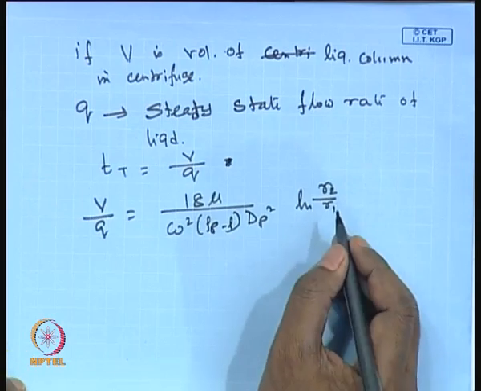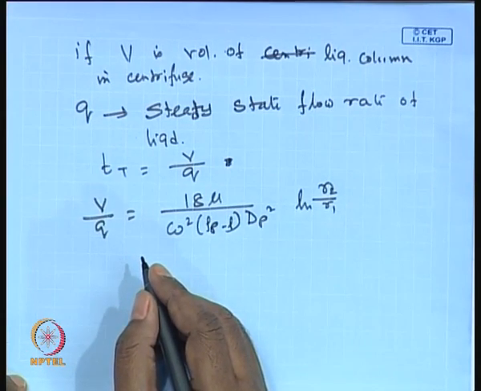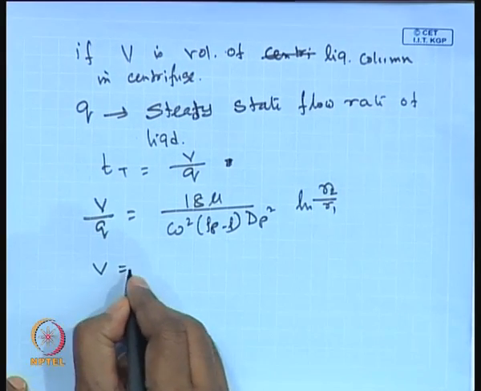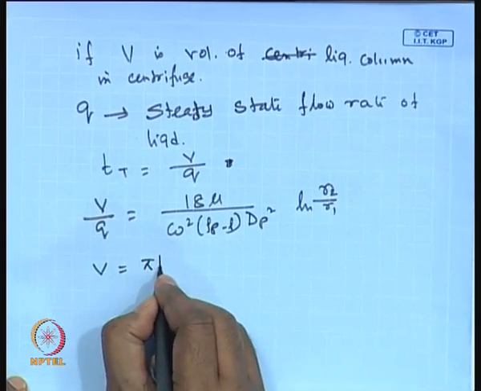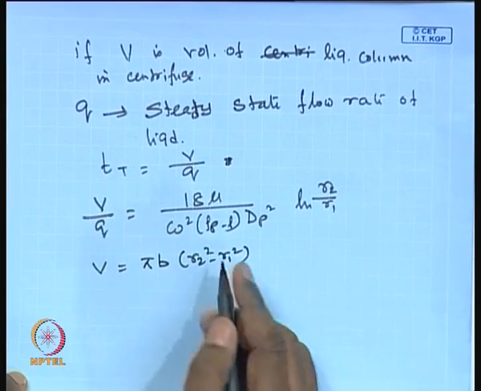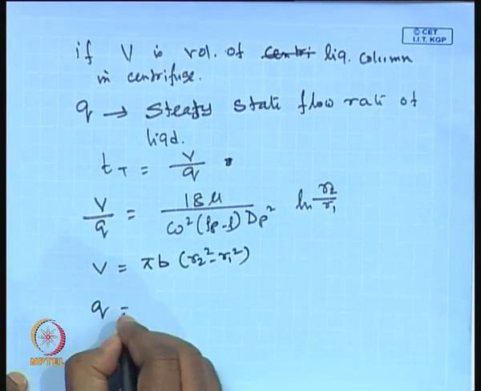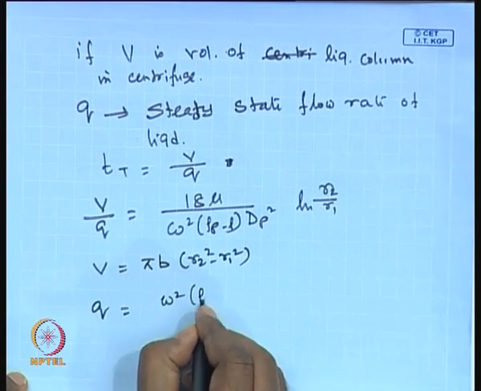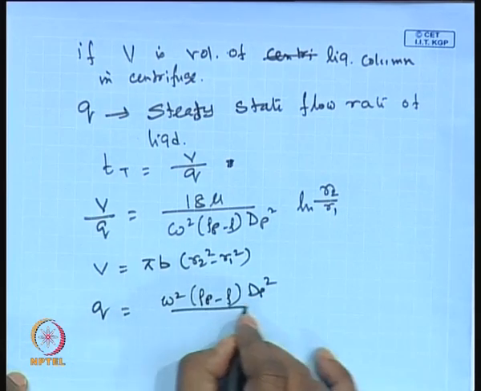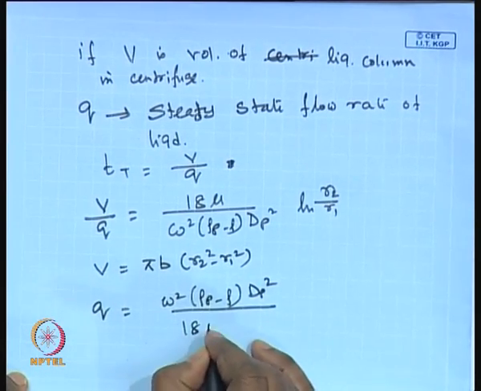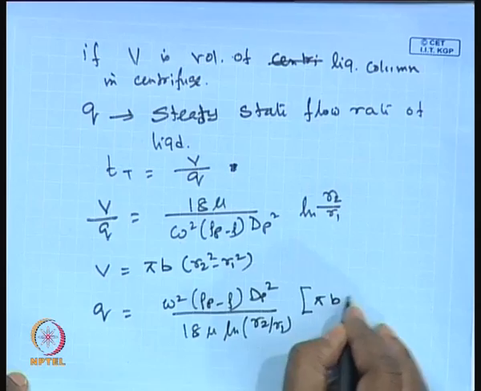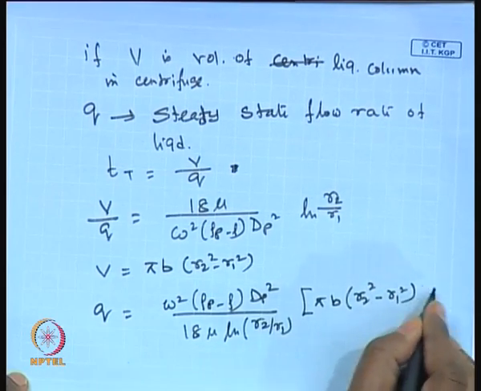Okay. And what is the value of volume? Volume becomes nothing but pi times b r2 square minus r1 square. Okay. So, the expression of Q is nothing but omega square rho p minus rho dp square divided by 18 mu ln r2 by r1 multiplied by pi b r2 square minus r1 square.